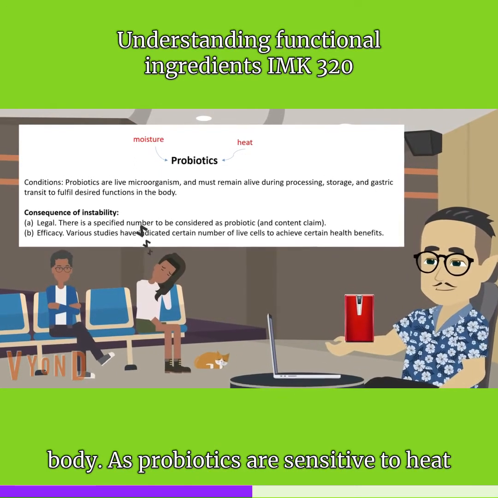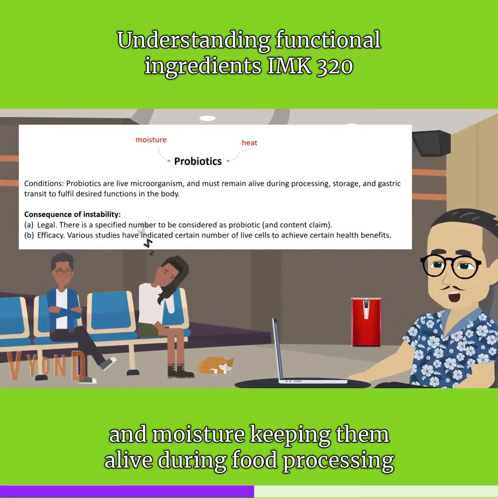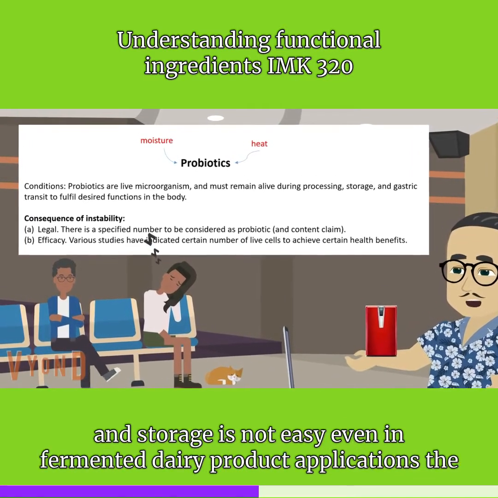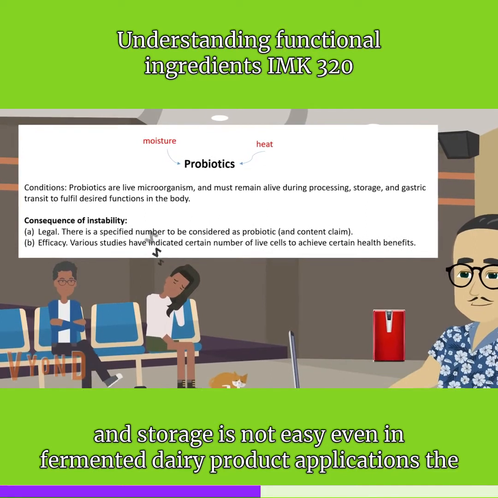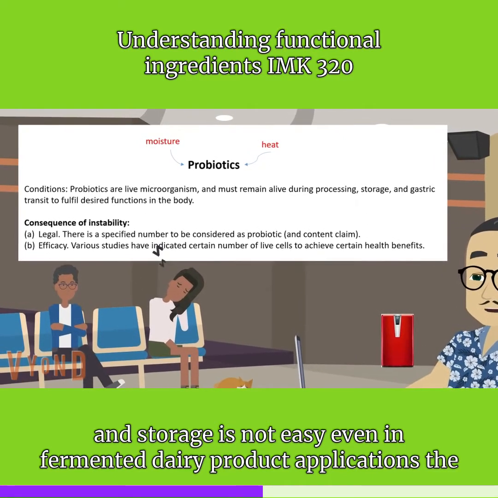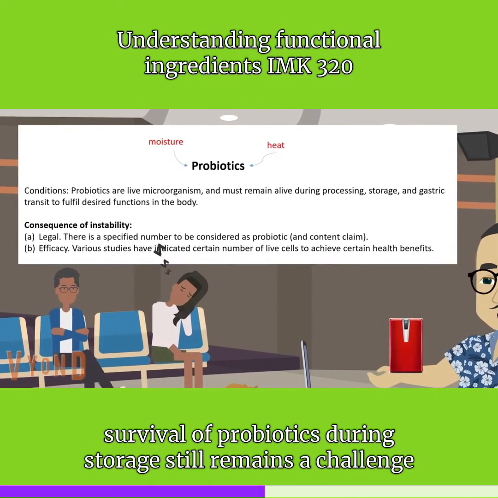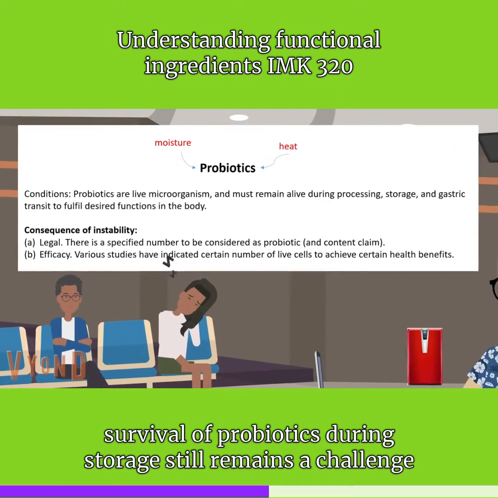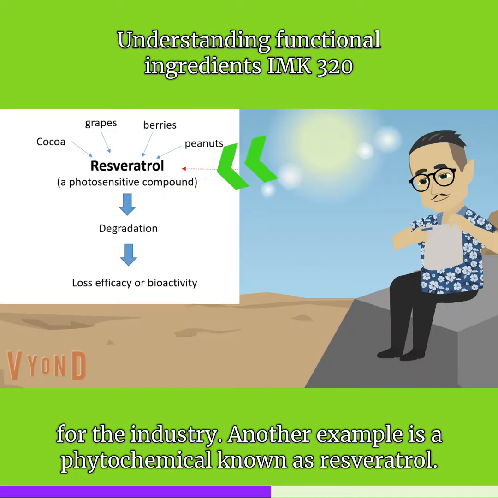As probiotics are sensitive to heat and moisture, keeping them alive during food processing and storage is not easy. Even in fermented dairy product applications, the survival of probiotics during storage still remains a challenge for the industry.